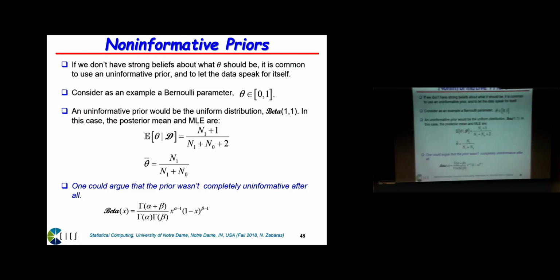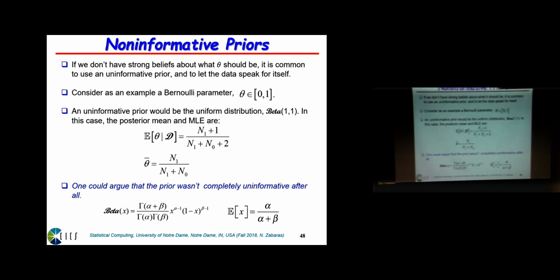For the beta distribution, the mean value is alpha over alpha plus beta, as a reminder. So if you have data and you have n1 heads and n0 tails, when you use a beta(1,1) distribution as a prior, your posterior will be a beta distribution with parameters n1 plus 1 and n0 plus 1.